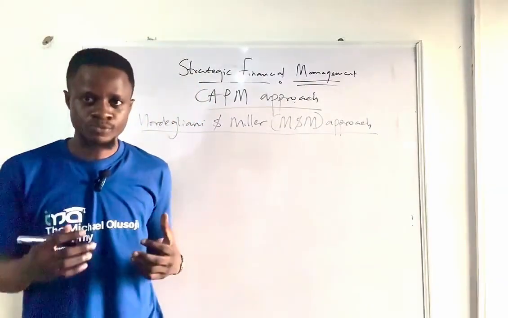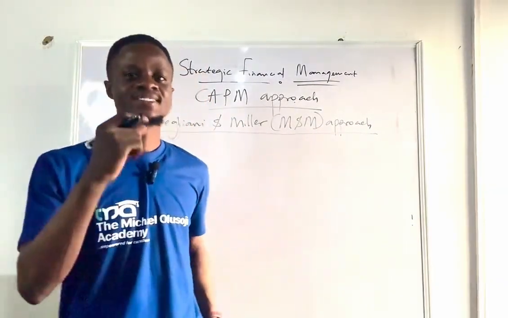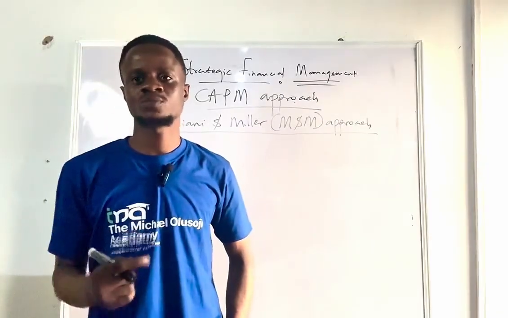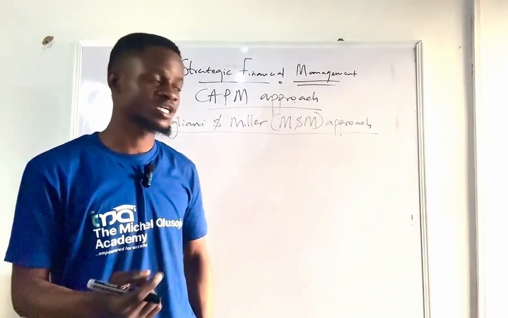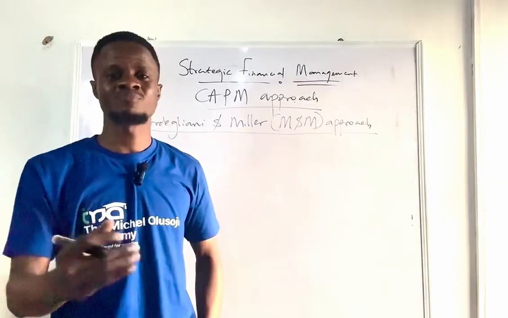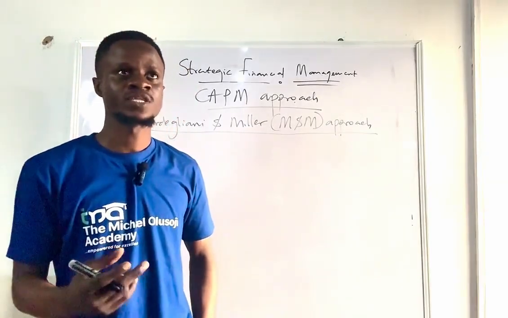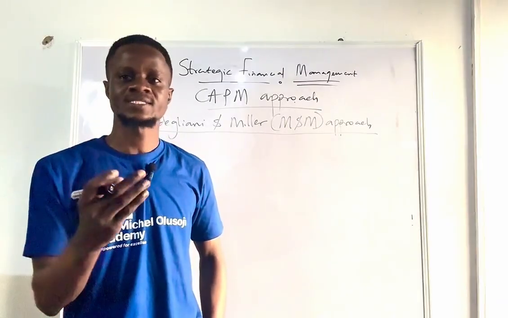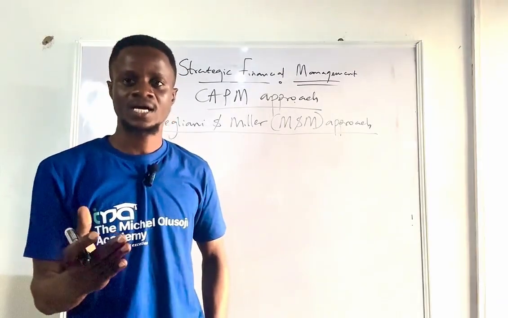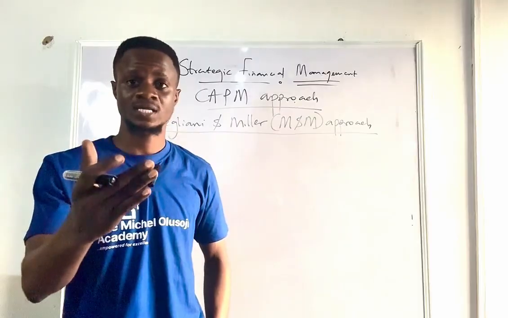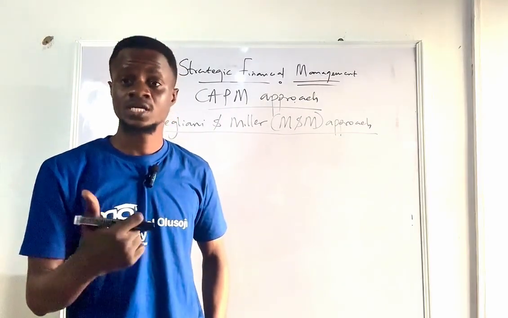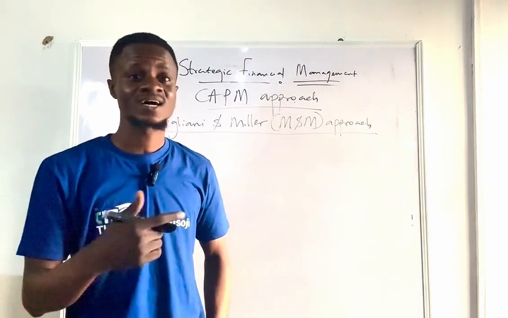So the next approach we want to get into right now is M&M approach, Modigliani and Miller's approach. I think you can read about that, but basically one of the things they concluded was that there are two markets, the perfect market and the imperfect market. And of course, you know and understand that in a perfect market, there's no transaction cost, there's no tax, and some other things like that.